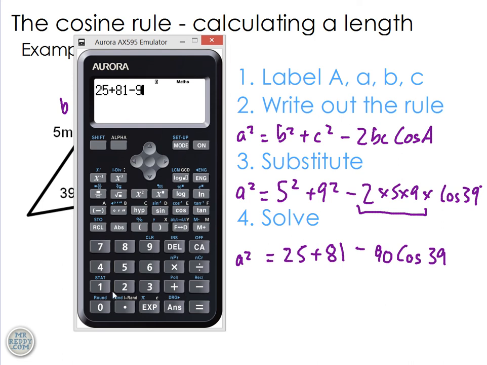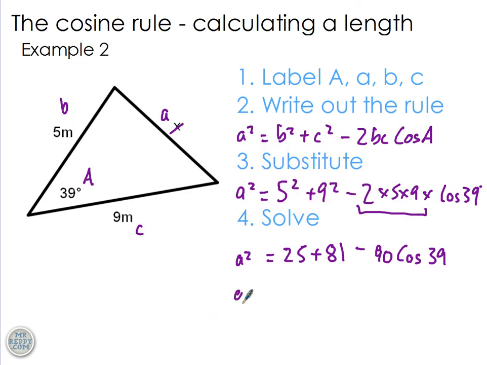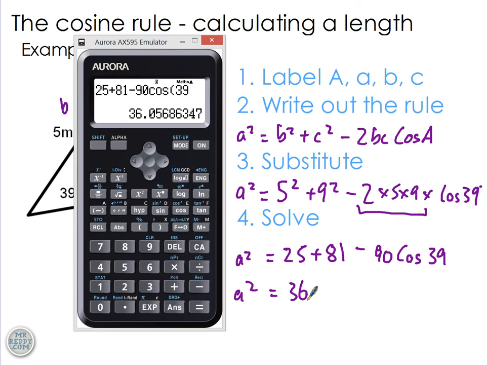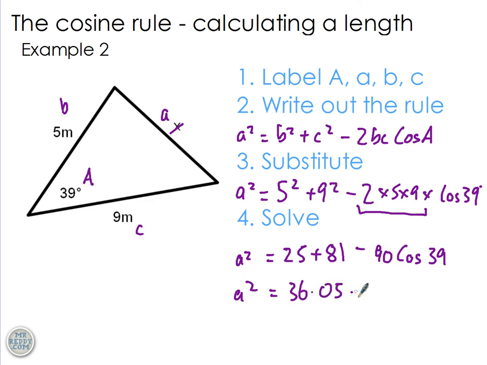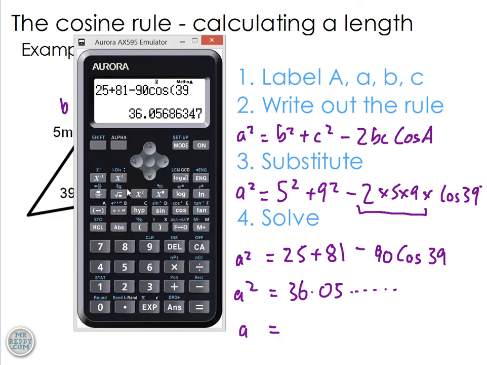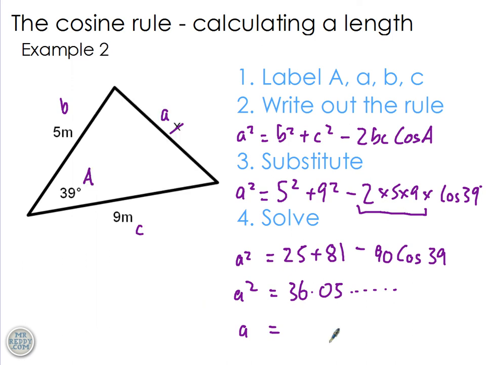Take away 90 cos 39 equals, I didn't even close the brackets, a squared equals 36.05 and we'll square root both sides to give us what a equals. So square root answer equals about 6, yeah, 6.0 meters this time to one decimal place. We did that, what, in about 45 seconds, a minute? Is that easy?